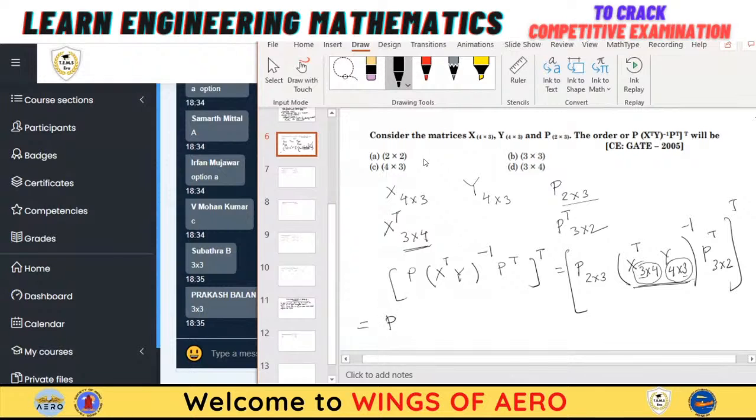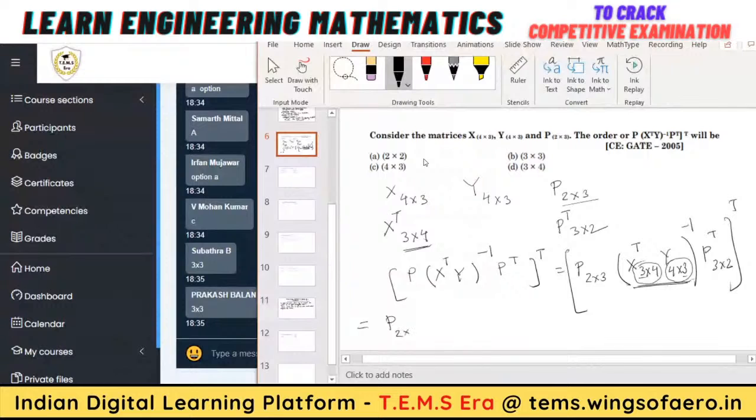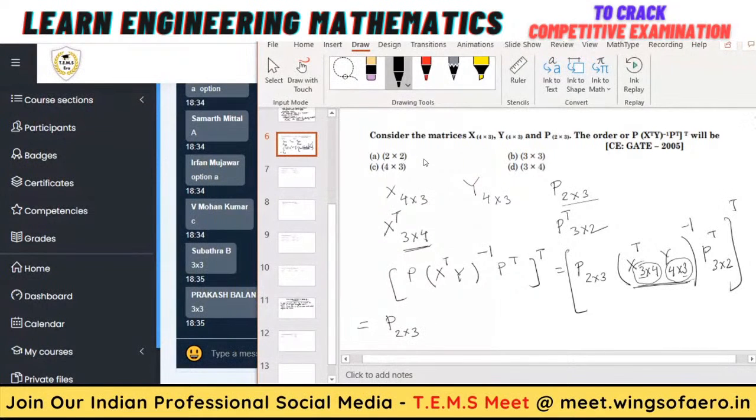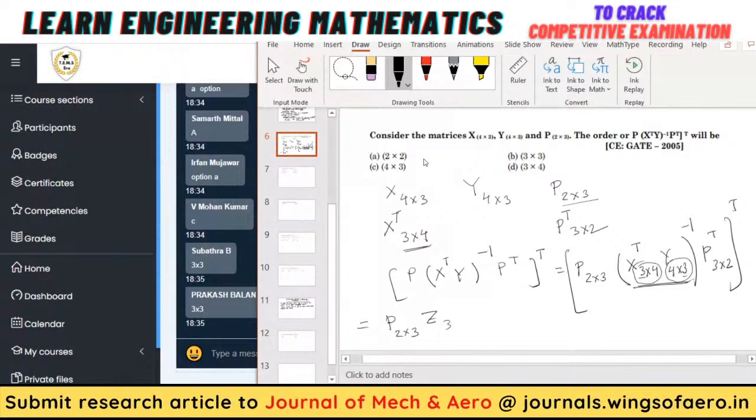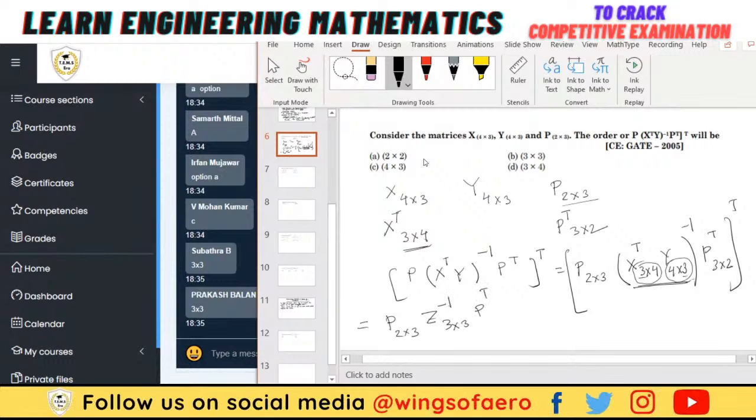So it will be P 2 cross 3. I am just writing X transpose Y as Z. Consider X transpose Y equal to Z. It will be 3 cross 3. And inverse, and it is P transpose 3 cross 2.